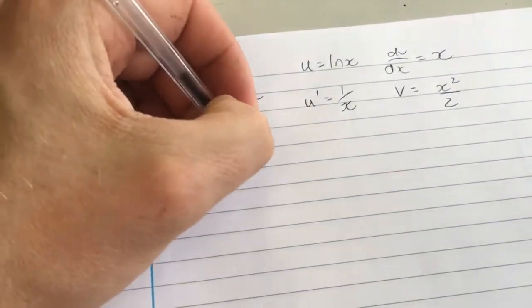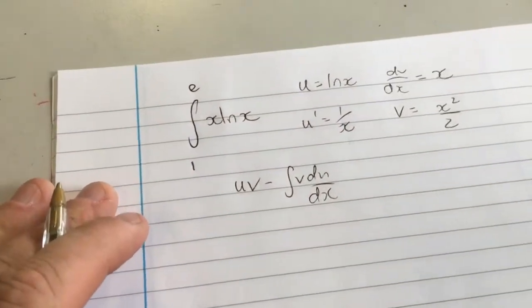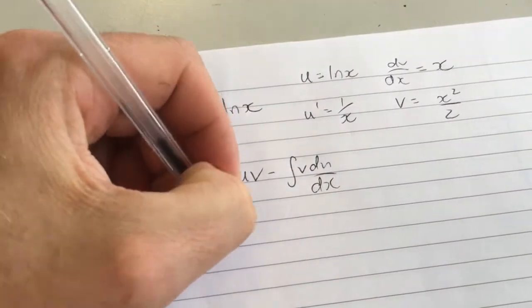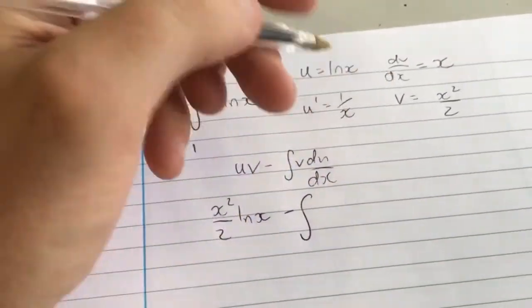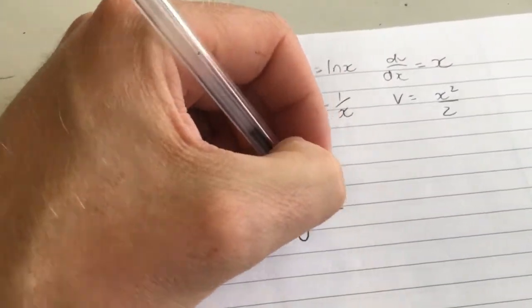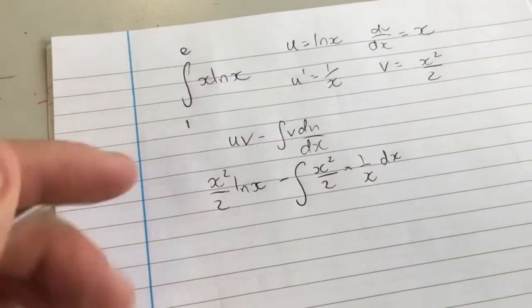Put these into the by parts equation, so uv minus the integral of v du/dx. So we get x squared over 2 ln x minus the integral of x squared over 2 times 1 over x dx.